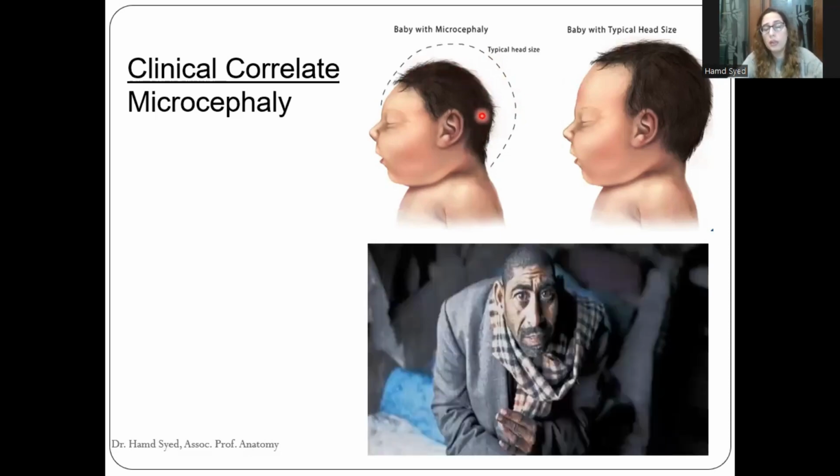And microcephaly is obviously going to affect the growth of the brain. It will retard the growth of the brain. So this is something that you should be aware of, which is done in certain parts of the world.